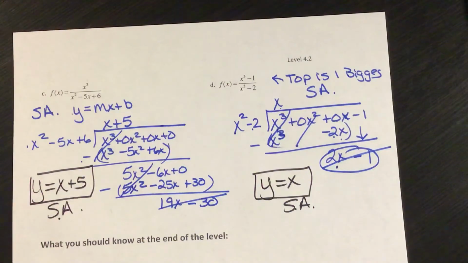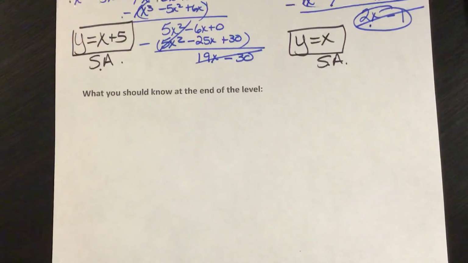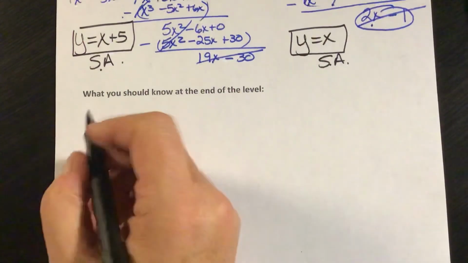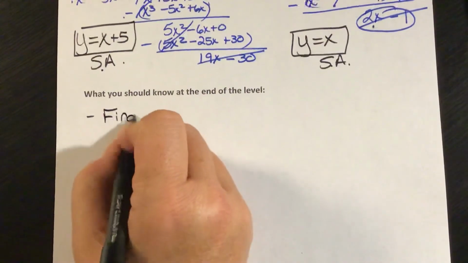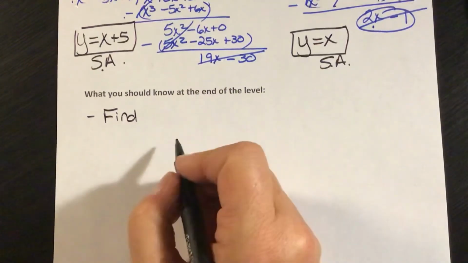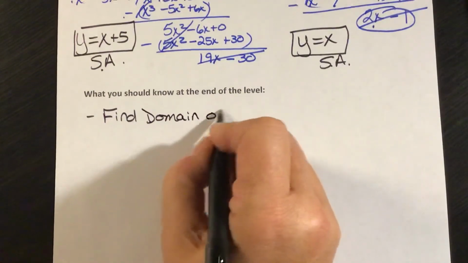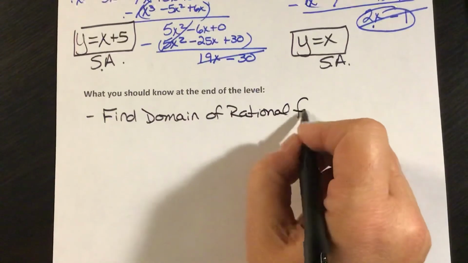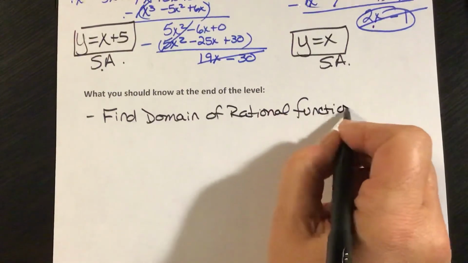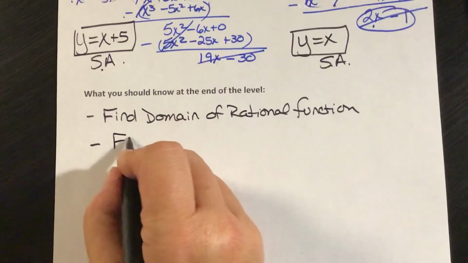All right, so at the end of this section, this is what we should know. We should know how to find the domain of a rational function, and we should be able to find the vertical asymptotes.